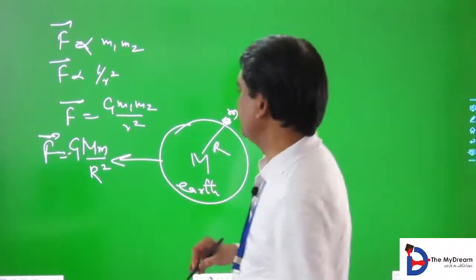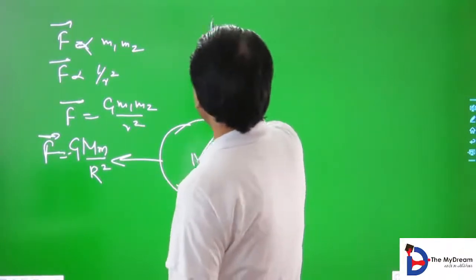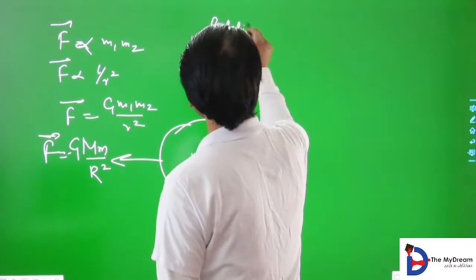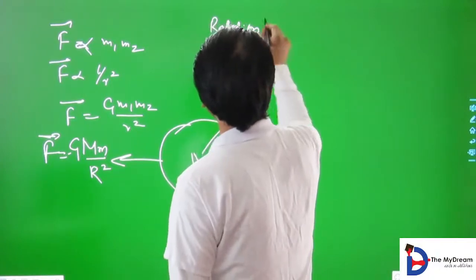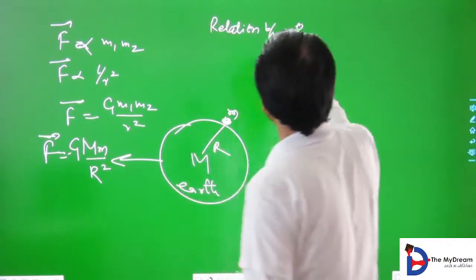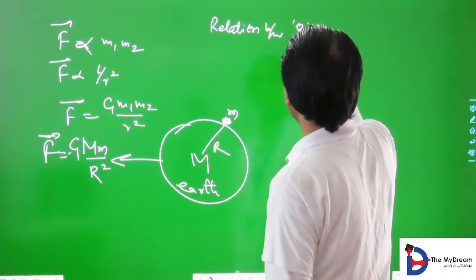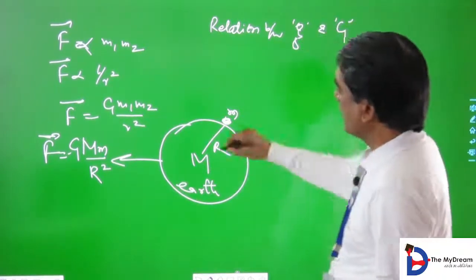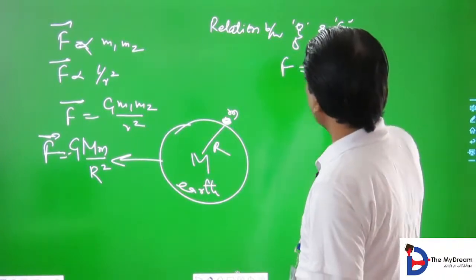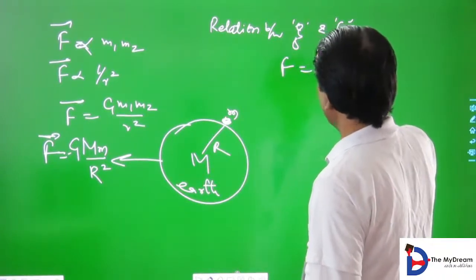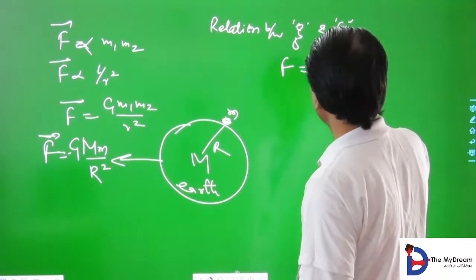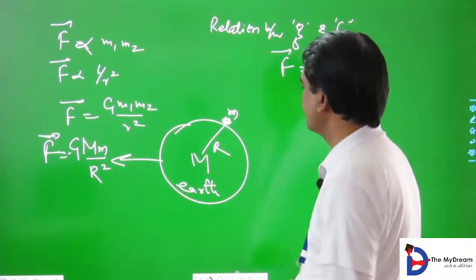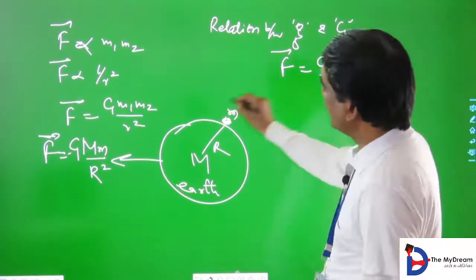Now, relation between small g and capital G. As the diagram is given to you, the gravitational force is given by this. And F is equals to mg.